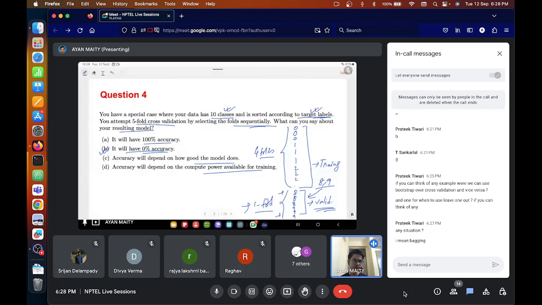There is no relation between cross validation and bootstrap or bagging. Cross validation can be performed on any classifier to evaluate its accuracy and other performance metrics, and bootstrapping is an ensemble method to produce better classifiers by combining multiple classifiers.